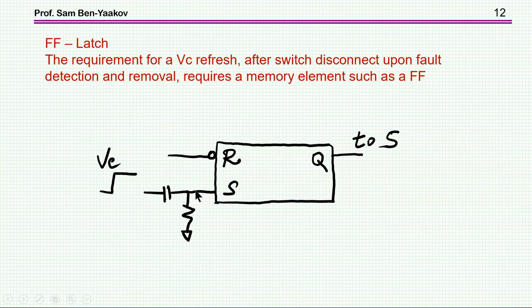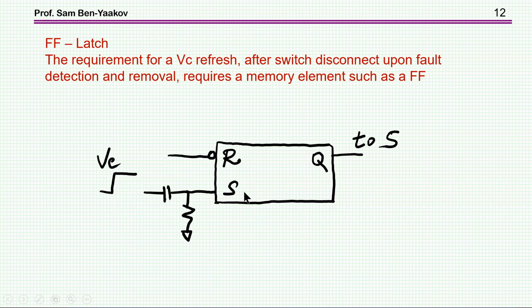And then we need here a differentiator, such that we look only at the leading edge. So the leading edge is turning this thing on, and when there is a fault, it'll turn it off. Since there'll be no signal here, it'll stay off.